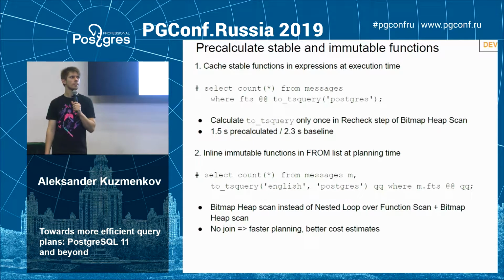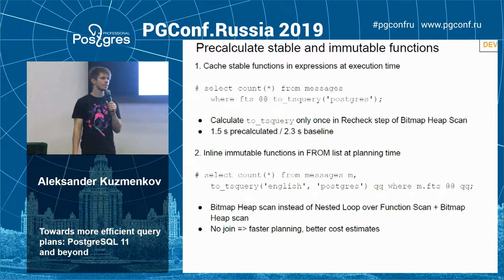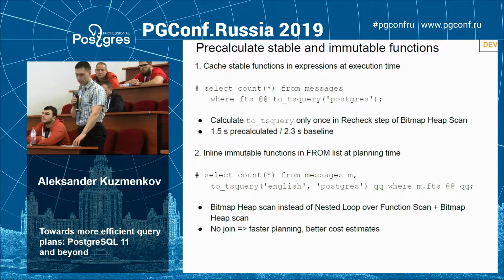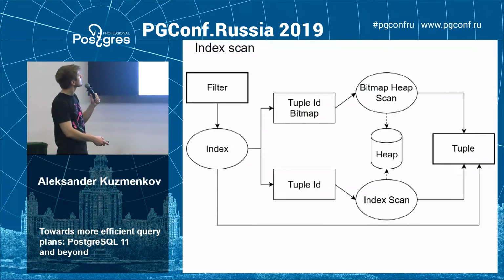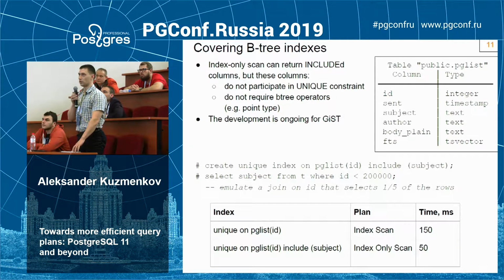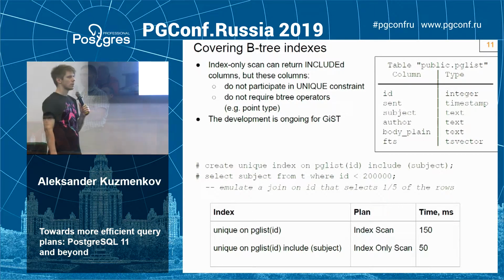Yet another question. On one of the slides you showed the 3-time improvement. Are you talking about the covering index? Yeah. Do you understand correctly that the index just gets more complicated?